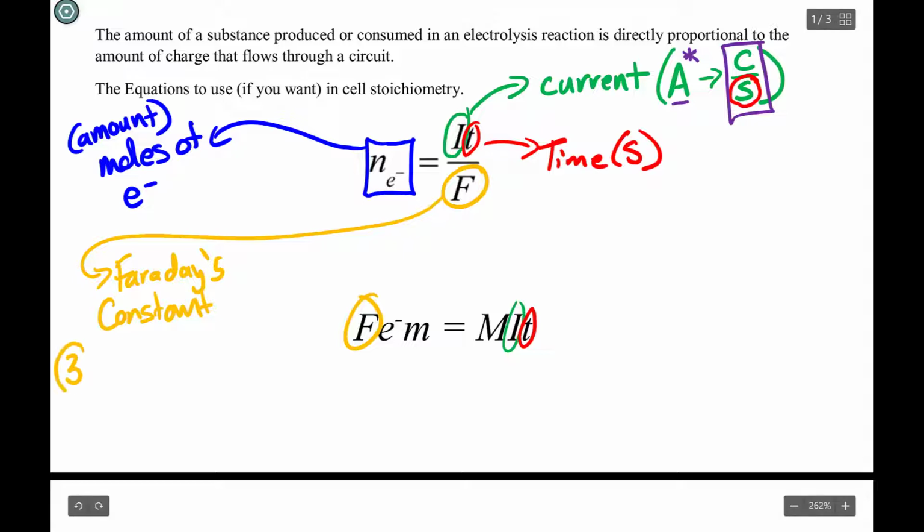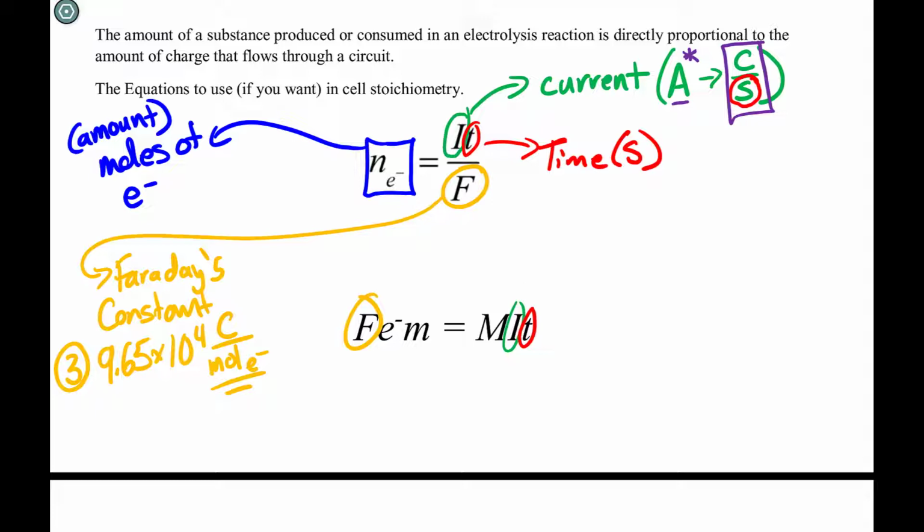In our data book, it would be page 3, and it's 9.65 times 10 to the 4 coulombs per mole of electrons. Please be very careful here. This is per mole of electrons, not per mole of, say, a solid being produced. This is per mole of electrons.